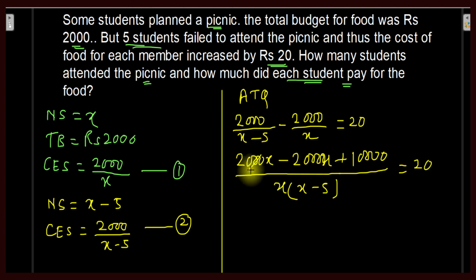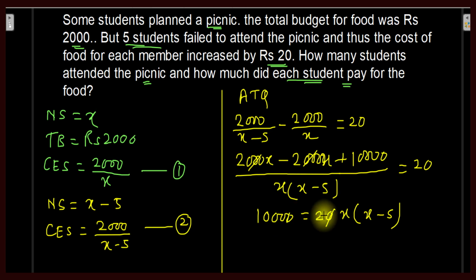Now 2000x and 2000x will get cancelled, and taking x into x minus 5 to this side, it will be 10,000 is equal to 20x into bracket x minus 5.